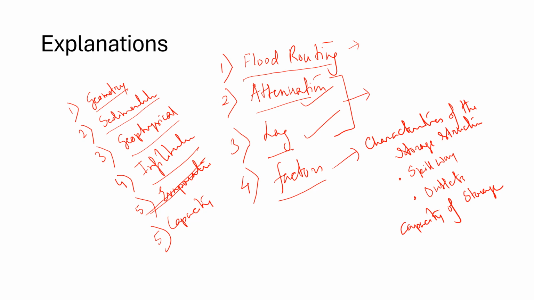Okay, so not only capacity of storage, also number of spillways or number of outlets, this also has a role in controlling the attenuation and lag of the outflow hydrograph.